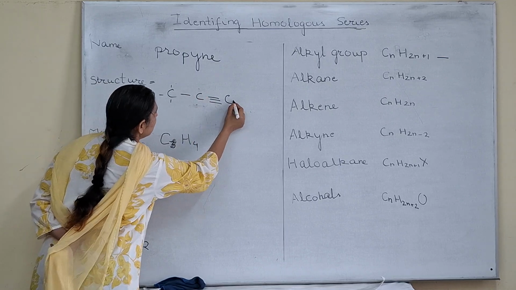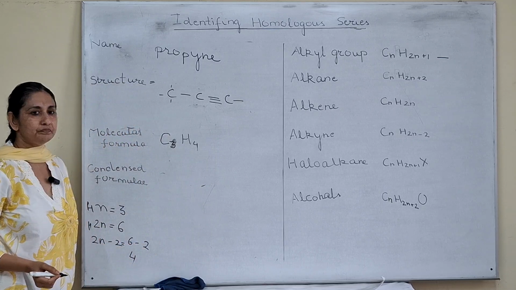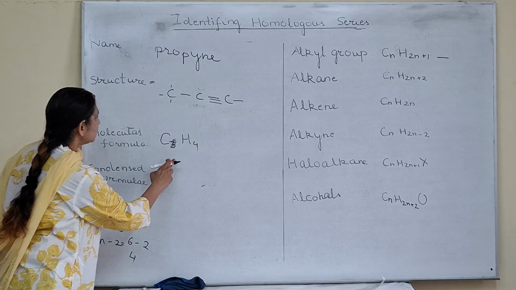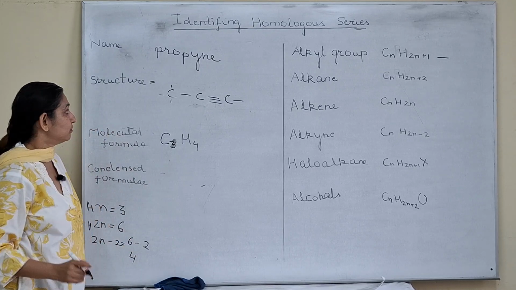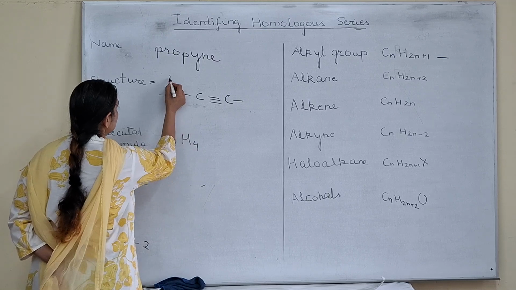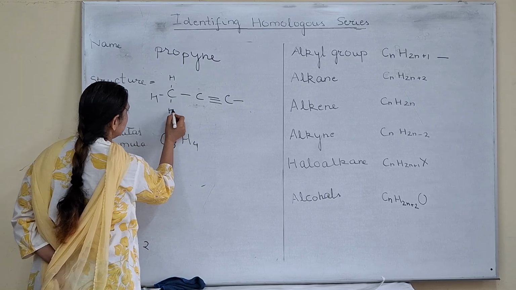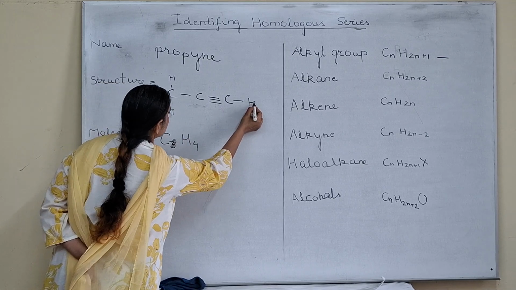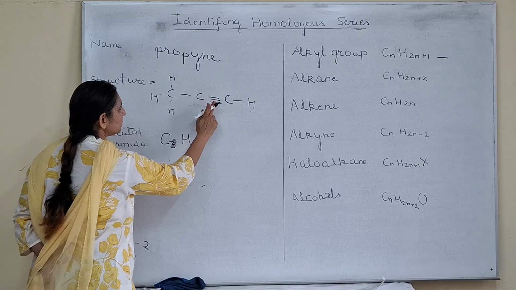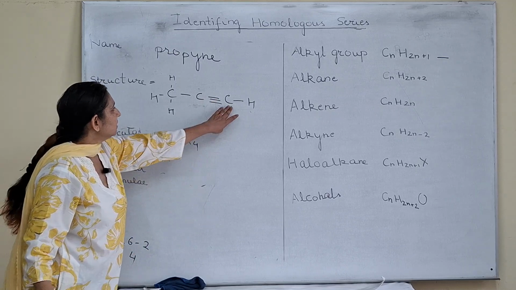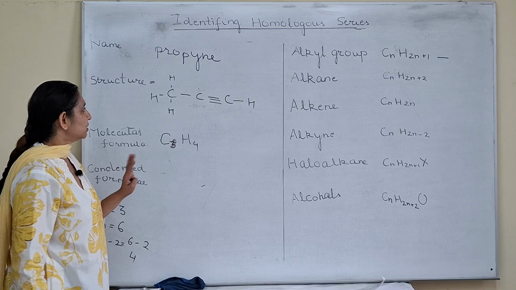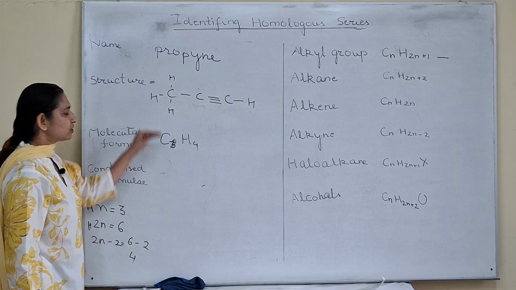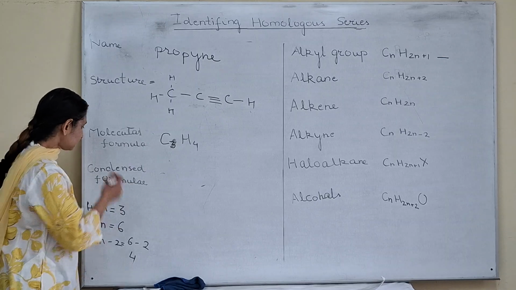Now how many hydrogens do I need to complete it? 4 hydrogens only. So let's see, 1, 3 and 4. You can't put anything here because 1, 2, 3, 4 bonds are complete. This का एक खाली था तो हमने H डाल दिया. Total number of hydrogens 4. Okay, so we have matched the structure with this.